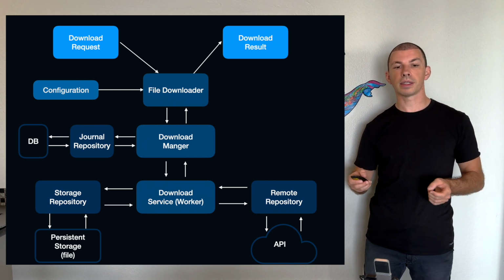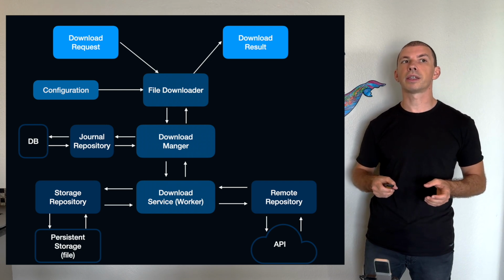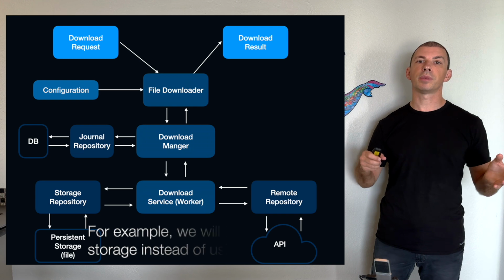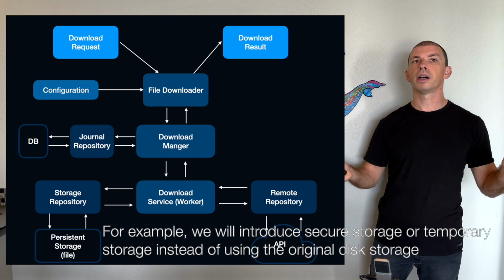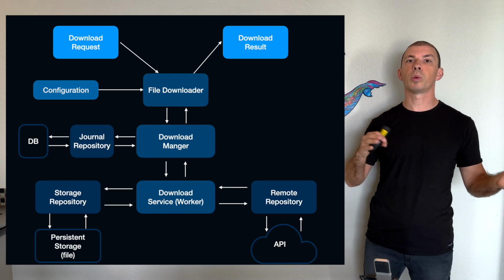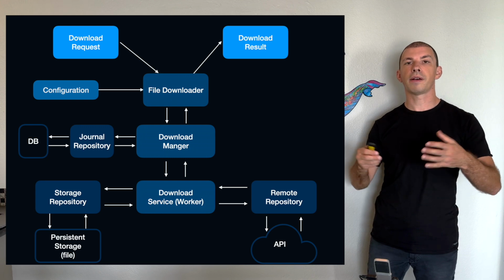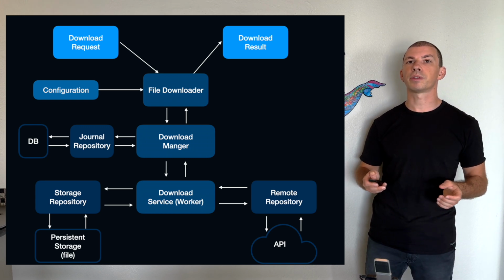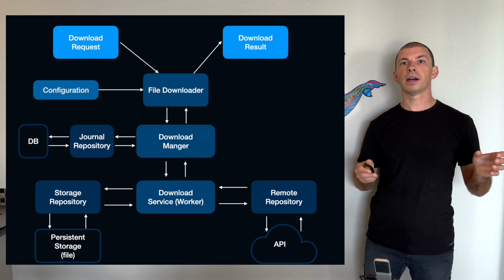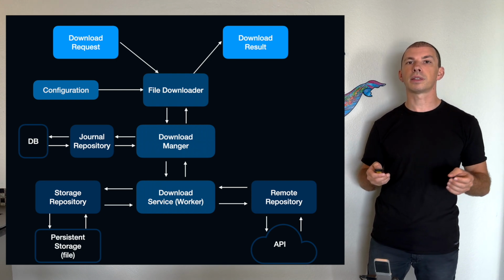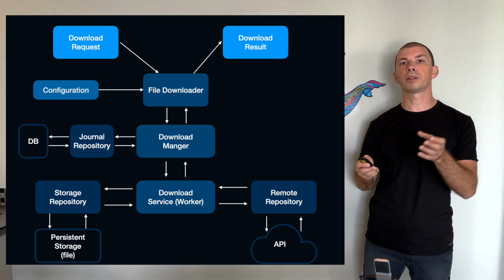We do need such repositories, like a storage repository and remote repository, in case we have a different implementation for API or for storage. We can change them quickly in the future to make our architecture more scalable, to have another level of abstraction. And also between all these layers, we will provide detail objects, some data that is related to a particular level.